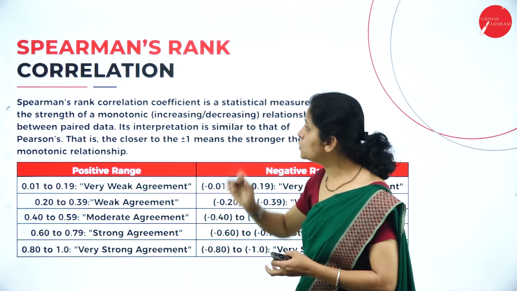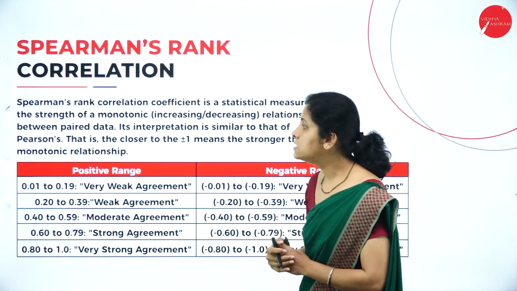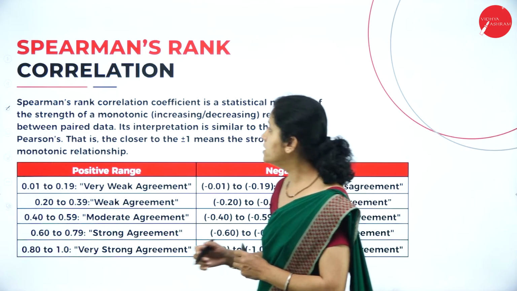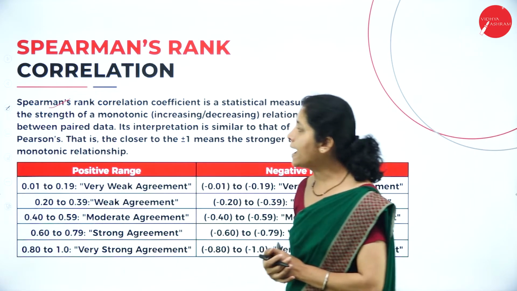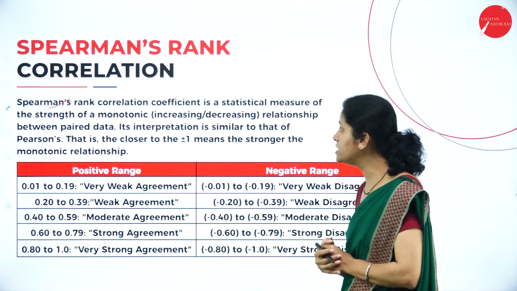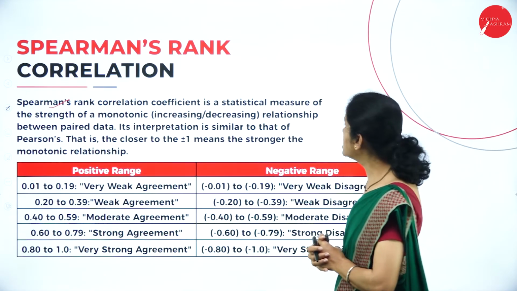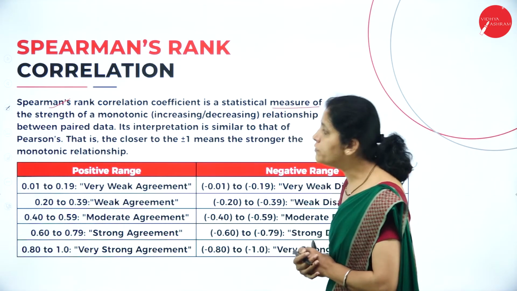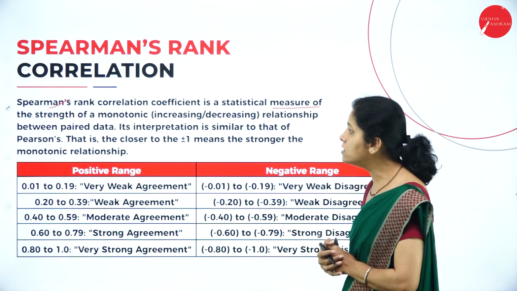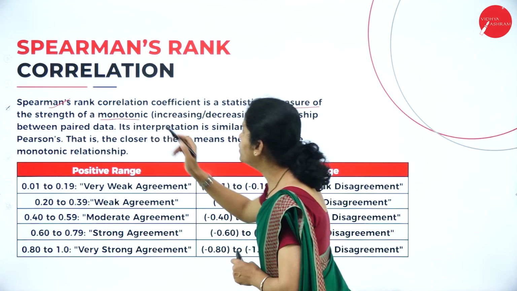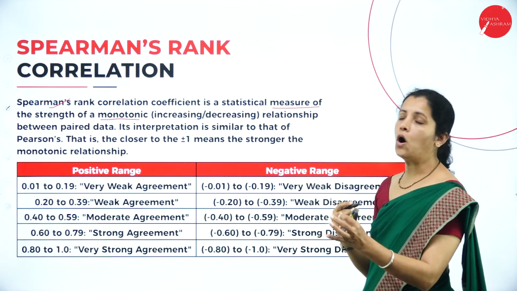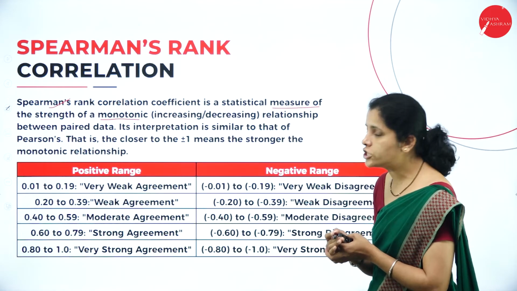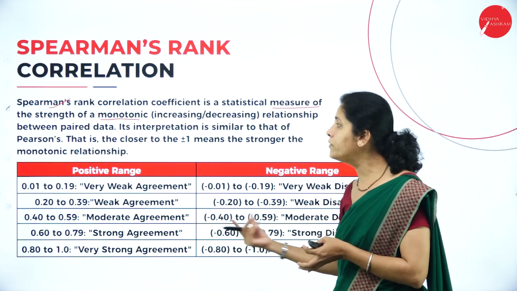Anyway, dear student, let's consider this example. Spearman's rank correlation coefficient is a statistical measure of the strength of a monotonic, that is increasing or decreasing, relationship between pairs of data.